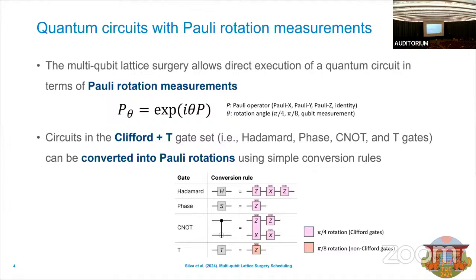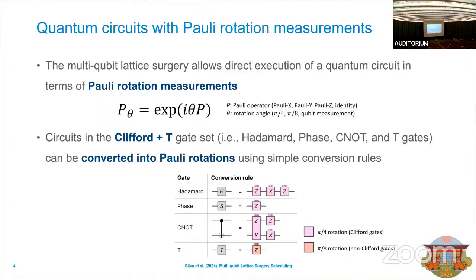It first removes the arbitrary angle gates using, for example, the Solovay-Kitaev method to transform these arbitrary angles into the Clifford plus T gate set, and also converts the Clifford plus T operations into Pauli rotation measurements. So the whole pipeline does not start at the transpilation method. I just want to make this very clear. We have steps where we optimize the circuit until we get to that point.